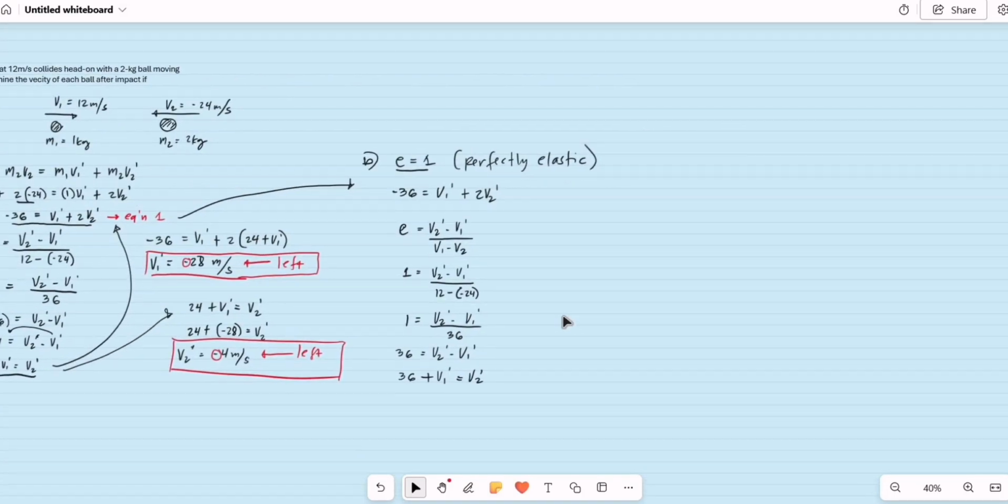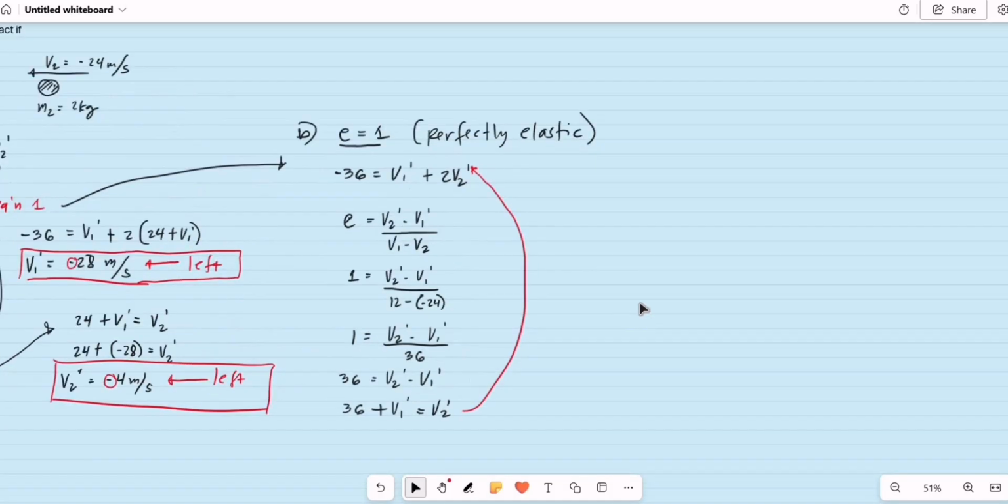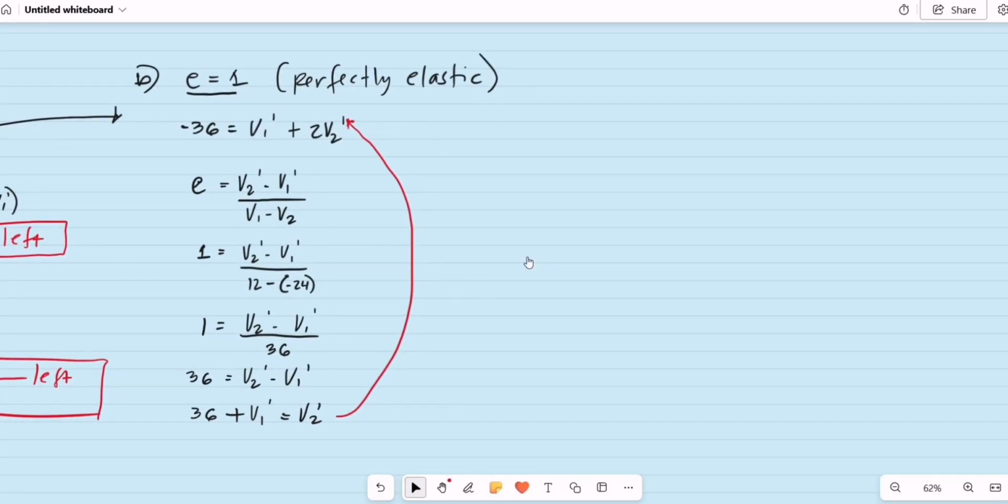Alright, then again, we substitute the equivalent of b sub 2 prime in our first equation. So negative 36 is equal to b1 prime plus 2 times the equivalent of b sub 2 prime, that is 36 plus b sub 1 prime. Let us compute for b1 prime.